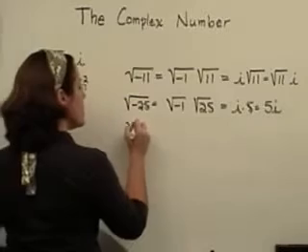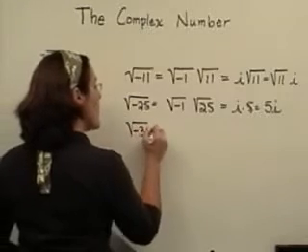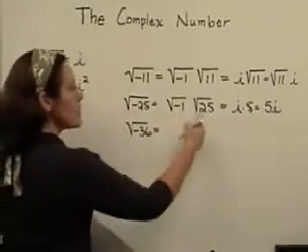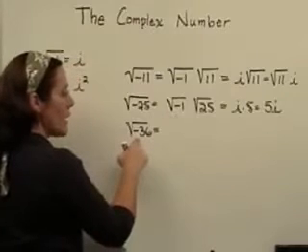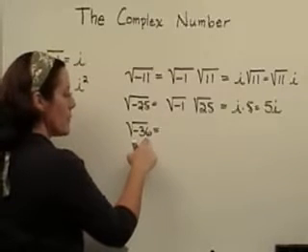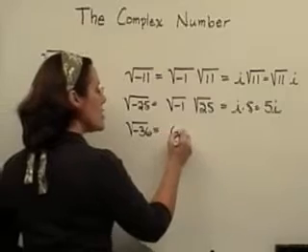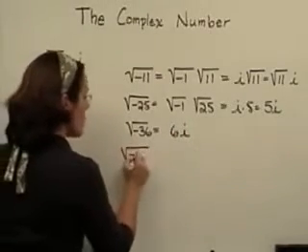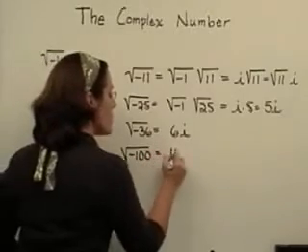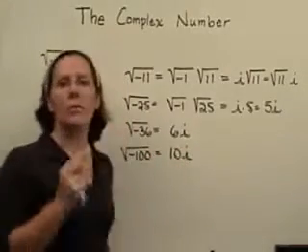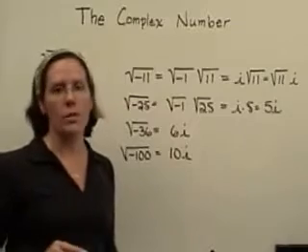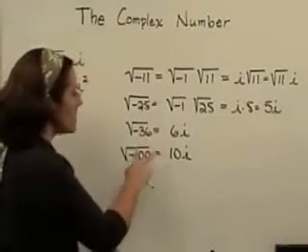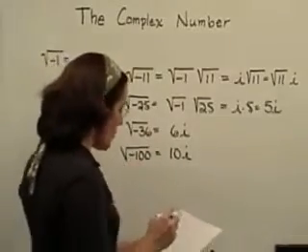And as you continue to do problems like this one, in my opinion, there's no reason to write this step. I know that I've got a negative sign underneath the radical. This is a perfect square. This is just equivalent to 6i. Or the square root of a negative 100 is just equivalent to 10i. Do those conversions quickly. There's so much other work to do here. Don't spend time on this. This should be something that becomes very natural for you.